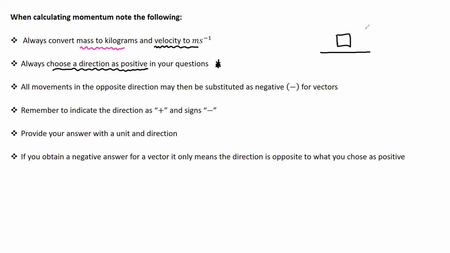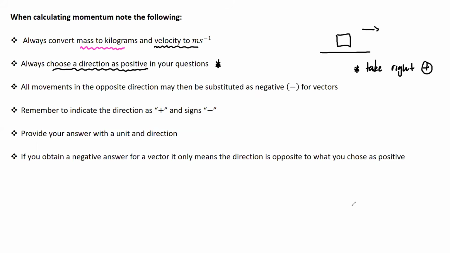Could be a car that is moving to the right. I would write in my answer to say take right as positive. You can do whatever you want as long as you make it clear to the examiner which direction you are taking as positive. Take right as positive.